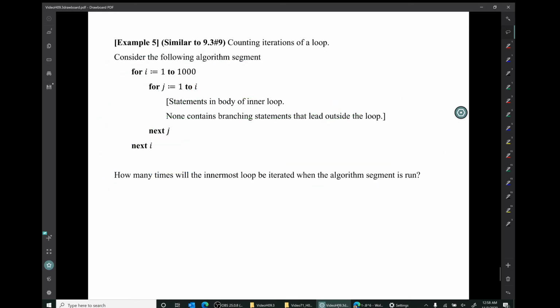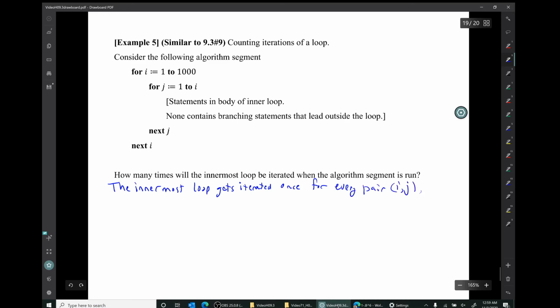So how do we approach this problem? Well, think about this. The loop gets iterated once for every pair of the form i comma j, where i is in this range and j is in this range.